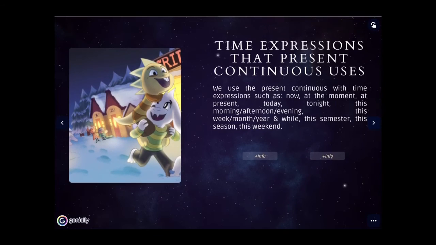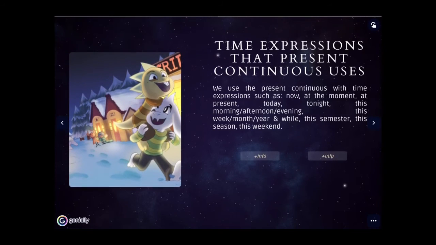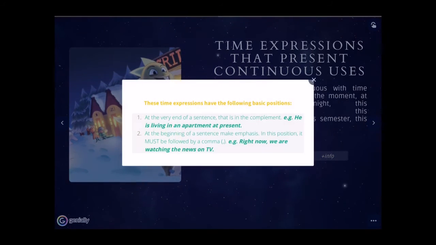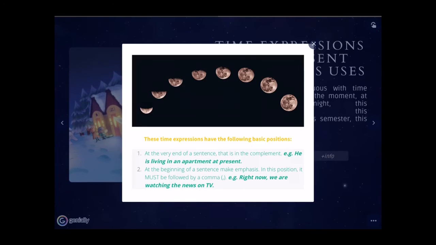And there we have where we add the time expressions. There we have two options. The first is at the end of the sentence, and the second option is at the beginning of the sentence.